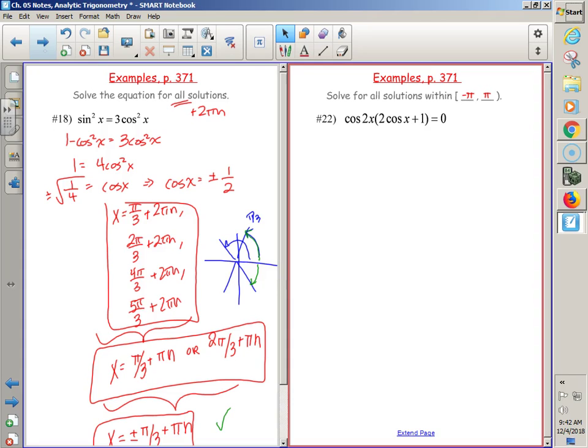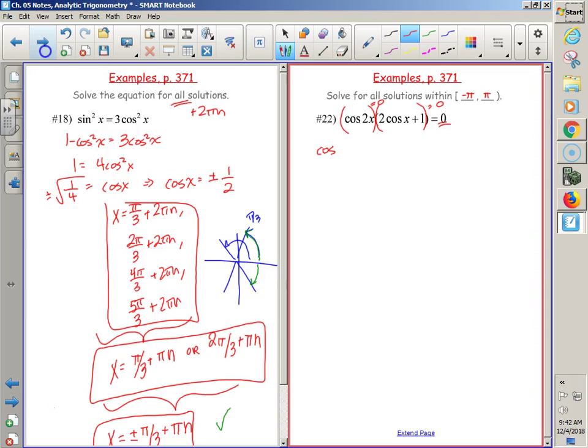Oh, uh-oh. Nope, it's a cosine of 2x. We could distribute it, but do you remember yesterday how I said don't be scared of factors equal to 0? Oh! Let's just set each one equal to 0.